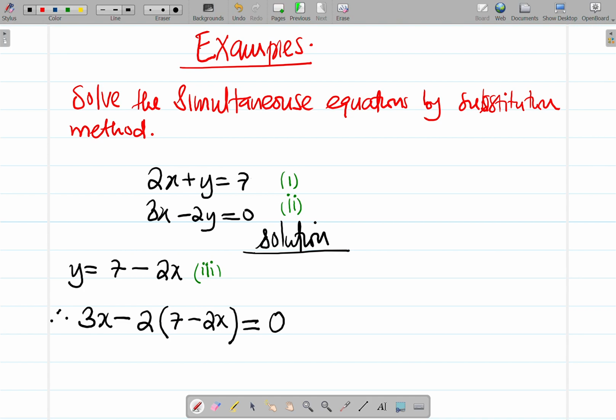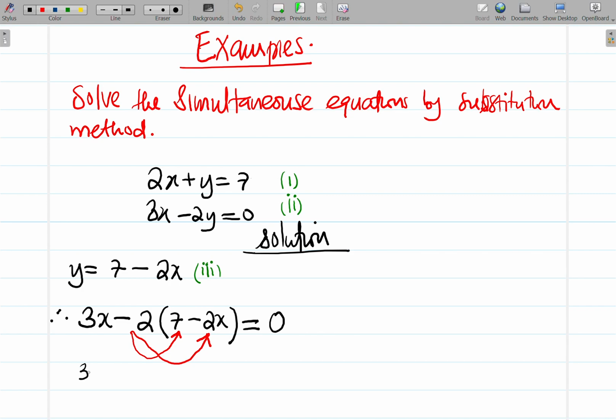Now we can expand. This simply means the negative 2 here will multiply the 7, and at the same time, that negative 2 is multiplying the negative 2x. So what we're going to have is 3x minus 14.